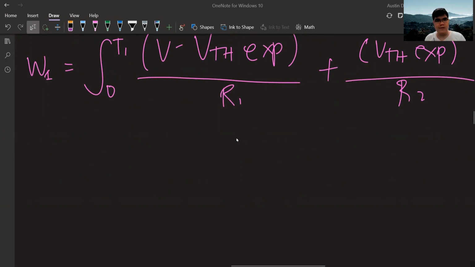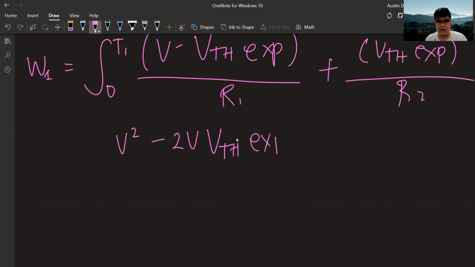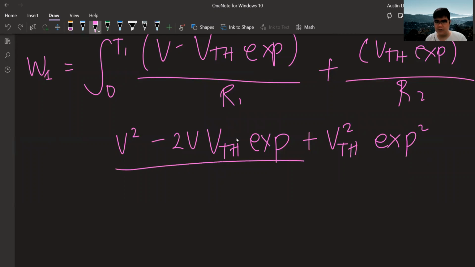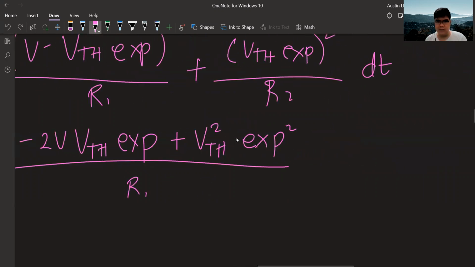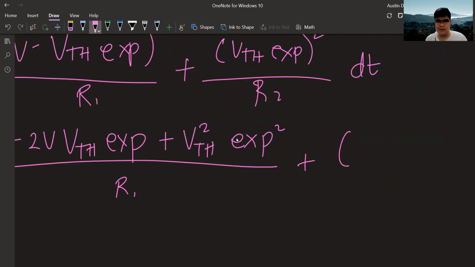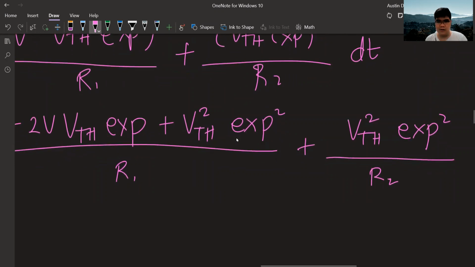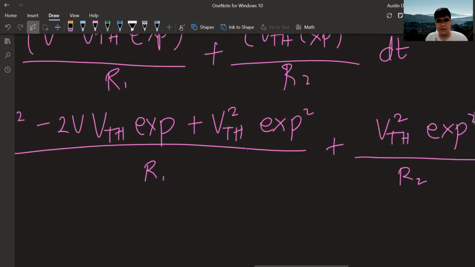So this is V squared minus 2V times VTH EXP, then plus VTH squared EXP squared over R1, and then plus VTH squared EXP squared over R2. Okay? So let's combine these things.